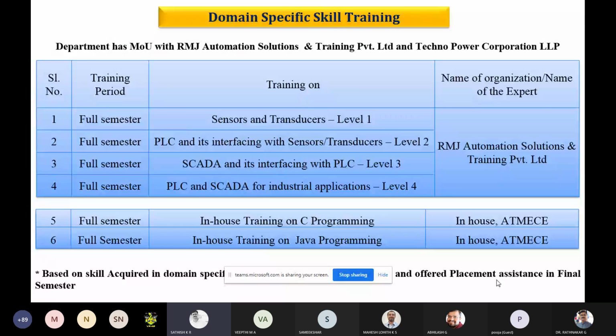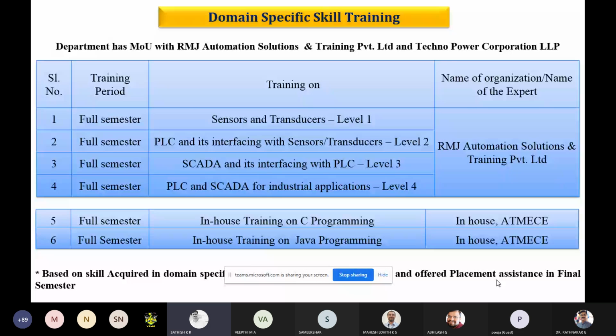Level 1 covers sensors and transducers training, which is hands-on. Level 2 is about PLC and interfacing with the sensors and transducers. Level 3 is on SCADA and its interfacing with the PLC. Level 4 will be on PLC and SCADA for industrial application. All these trainings are hands-on in the department.